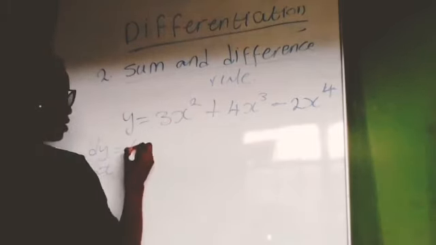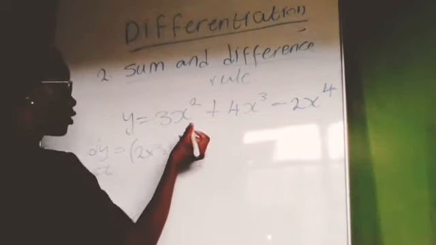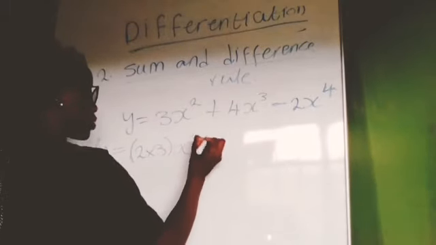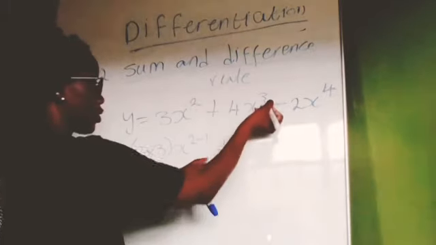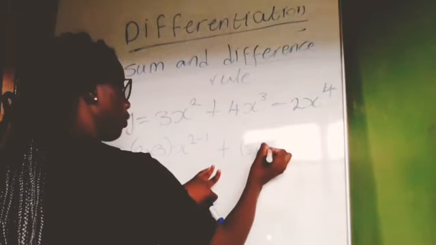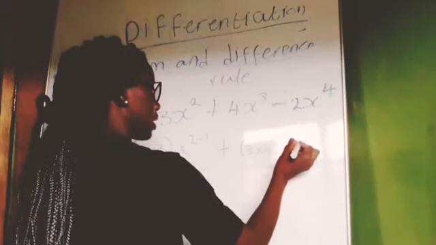So this is 2 times 3x, and remember the power reduces by 1. So to the power 2 minus 1, like that. The sign maintains, plus, so the power times the coefficient, 3 times 4x, and the power reduces by 1. So 3 minus.